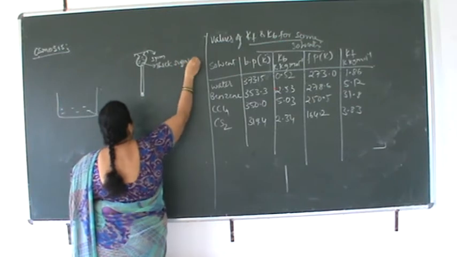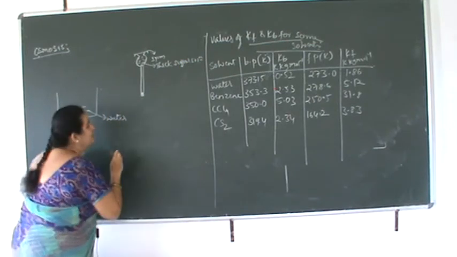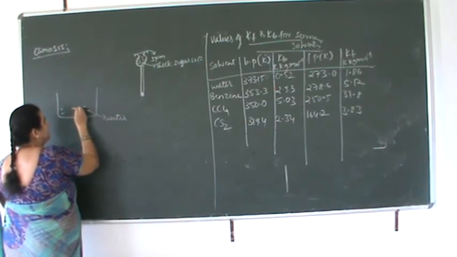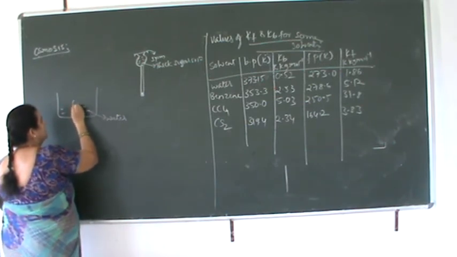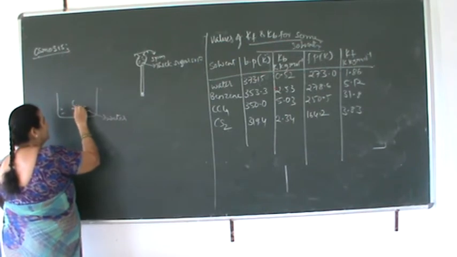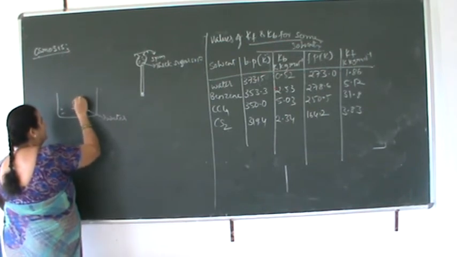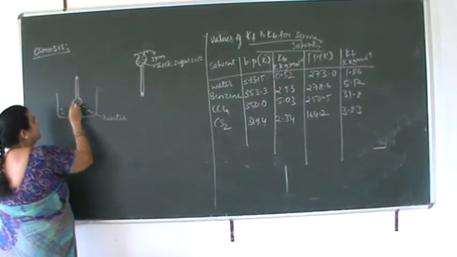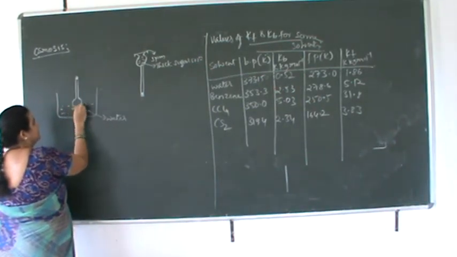Now invert the thistle funnel in the beaker containing water.